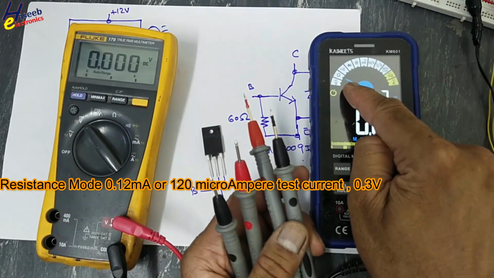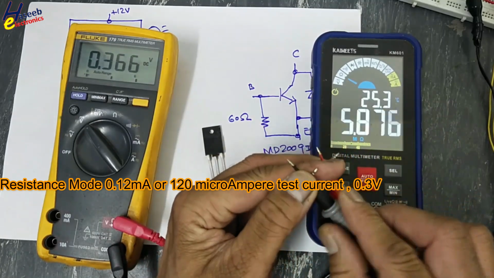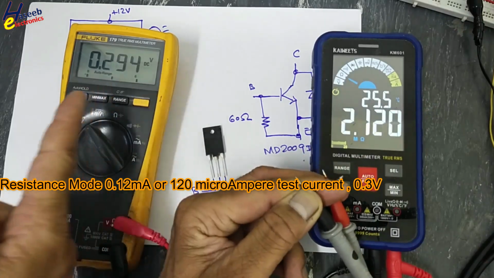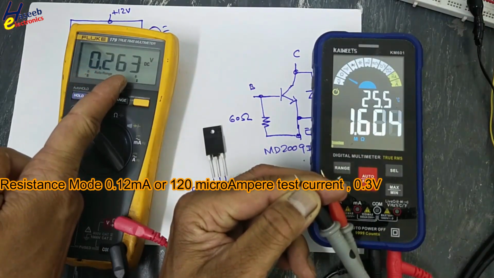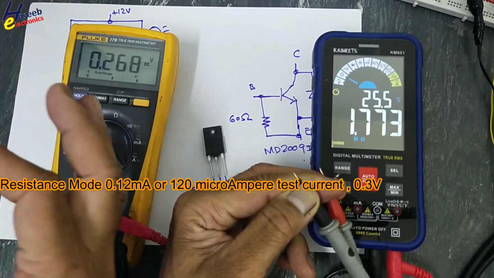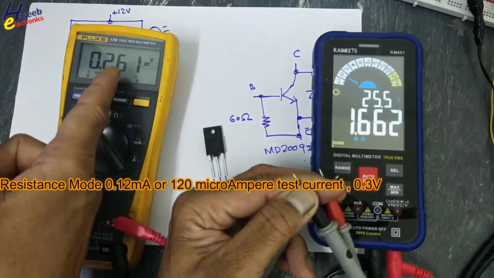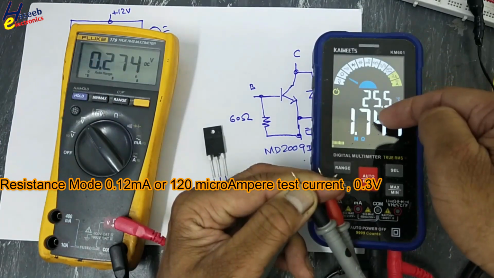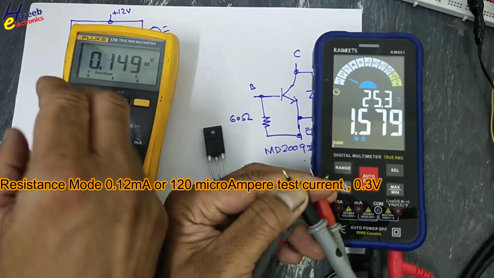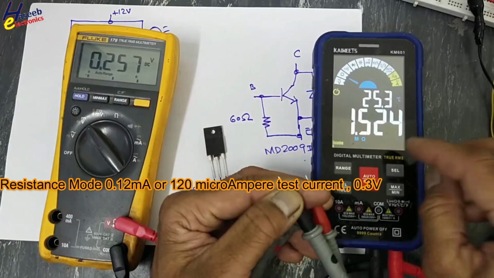When we use ohm range, this multimeter applies 0.28, we can say 0.3 volt, 300 millivolt, with 0.12 milliampere current. So this is the test signal. In this other multimeter, 0.26 volt, 260 millivolt, with 120 microampere current.